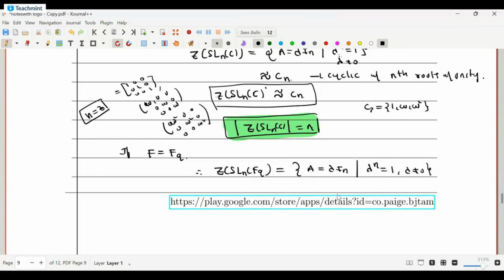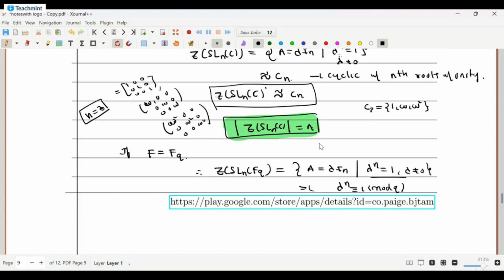To write it another way, lambda power n is congruent to 1 modulo q, sir. That means all the elements for which lambda power n divided by q gives remainder 1. So lambda power n is congruent to 1.